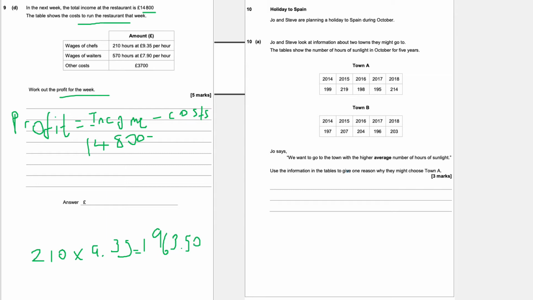The wages of waiters is going to be 570 times £7.90. Sorry, 570 times £7.90 gives us a total of £4,503. And then the other costs is 3,700.